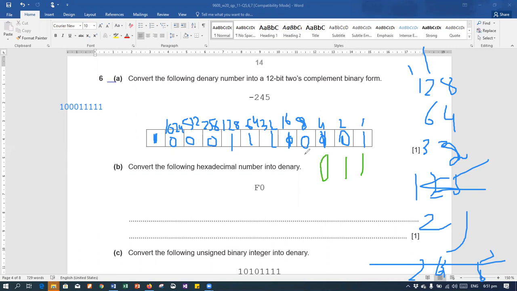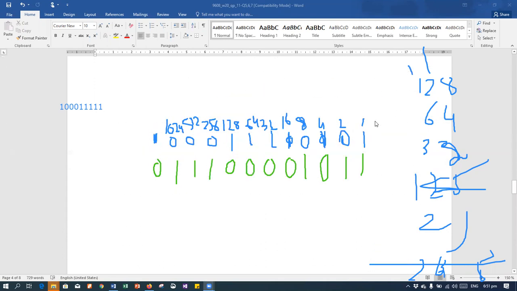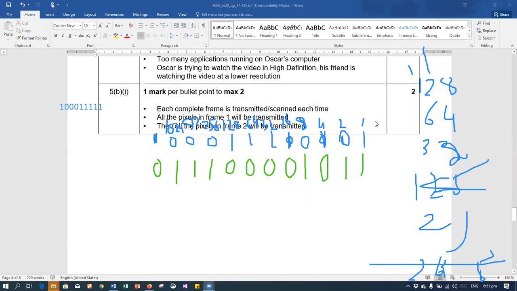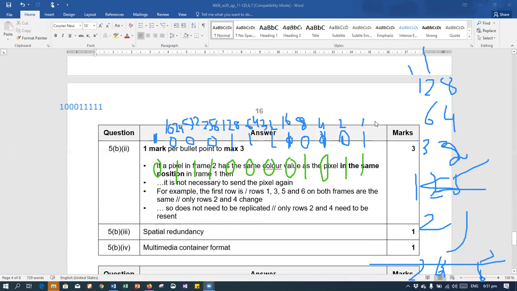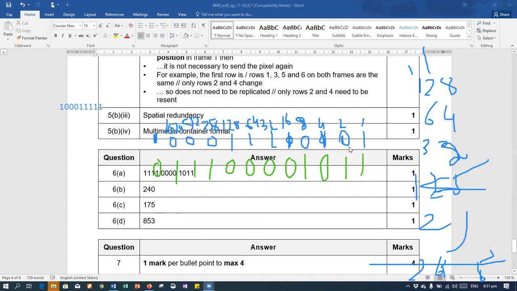This will be 0, 1, 0, 0, 0, 0, 1, 1, 1, and then 0. Let's have a look at what we have just tried. See our answer in green color. Is it the same one? Oh yes, it's correct. You have done it.